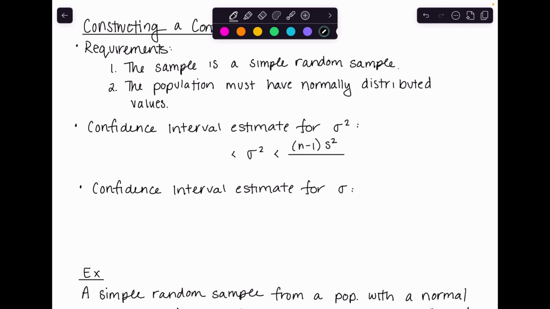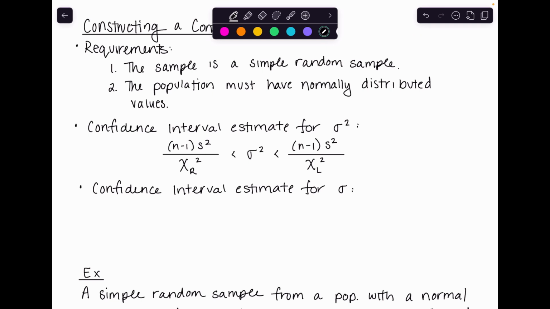And then here you're going to divide by the leftmost critical value. Seems kind of counterintuitive because it's on the right, but you're going to use the left value. Realistically, when we go through an example, you'll see exactly why, because this lower bound is the same thing, but you just use the other critical value.